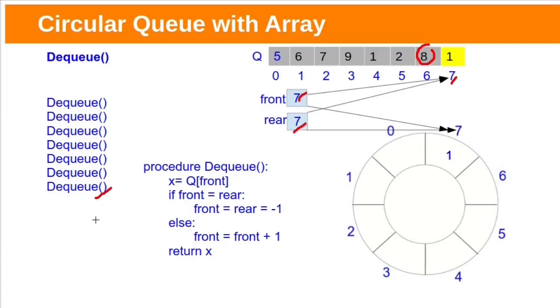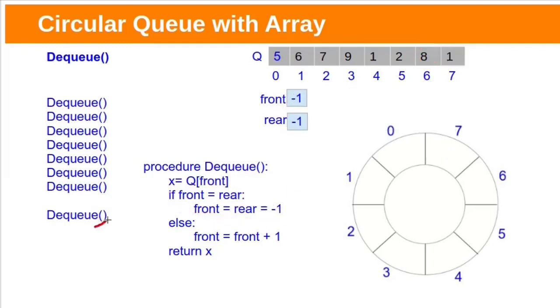If we perform one more DQ operation, the queue will be empty, so front and rear should be set to -1. This kind of situation will occur when front and rear are at the same index. So let's add this condition to our procedure: if front equals rear, front and rear will be set to -1. Here we perform one more DQ operation, so front and rear are set to -1.